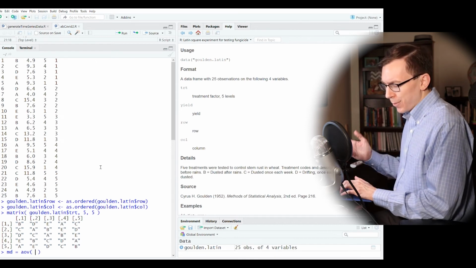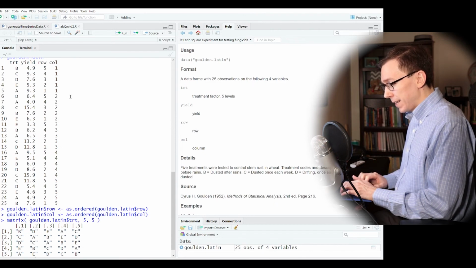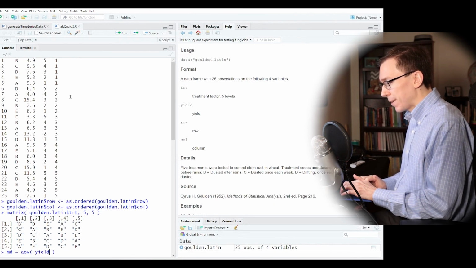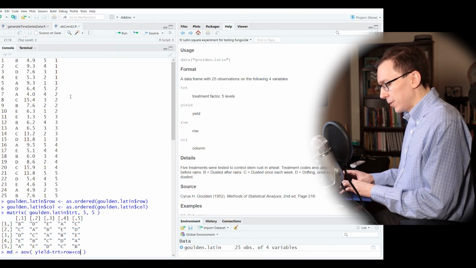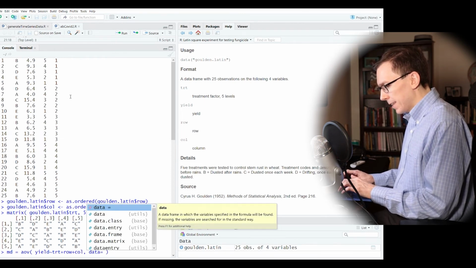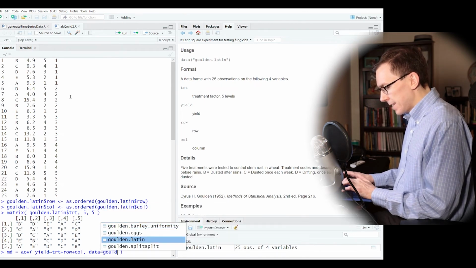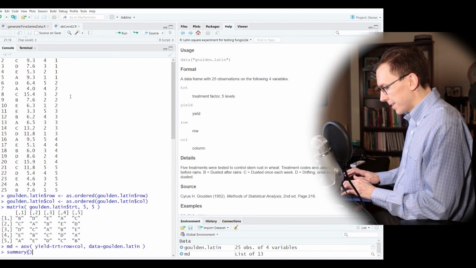So in this case, if we want to fit a model, we can use the aov function, and we fit it really just as we would before, except that my yield has fallen off the top of the screen. So what I can say is that the yield is going to be a function of the treatment, the row, and the column, and the data set we're going to consider is this golden.Latin.